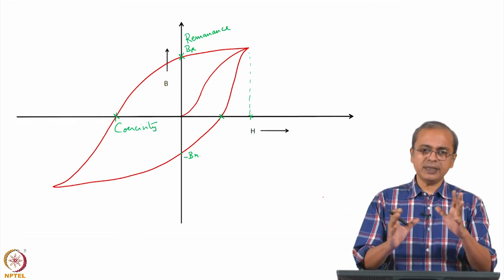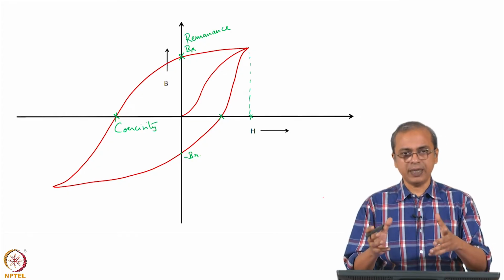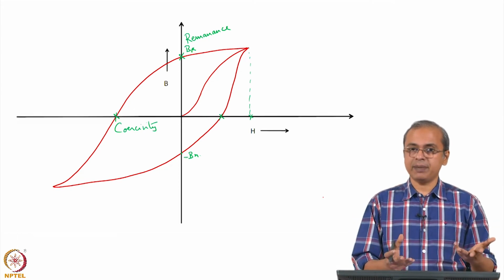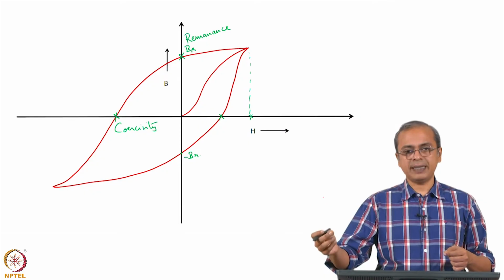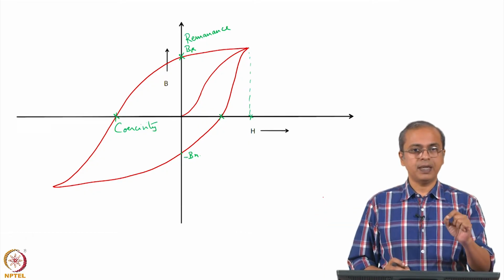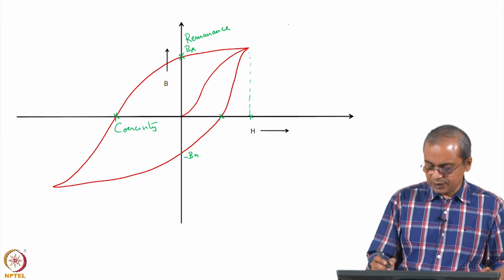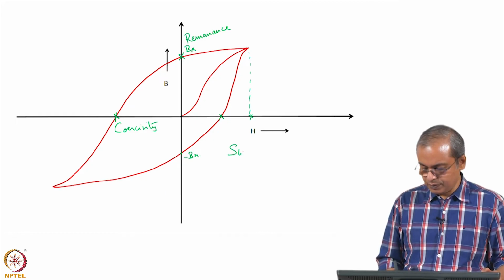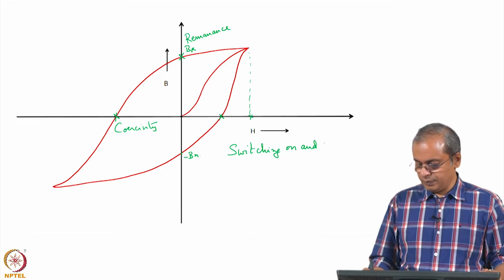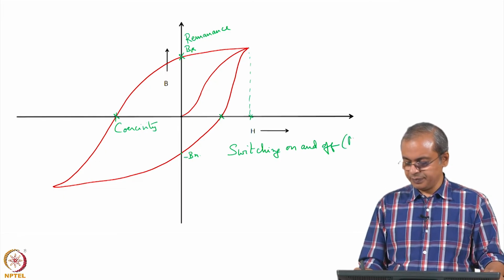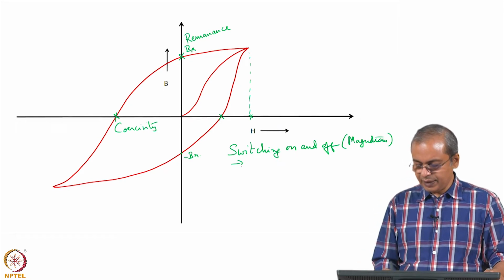So, from the perspective of utility, it is a little bit inconvenient. On the other hand, if you use a paramagnetic material, you switch on the magnetic field, you have magnetism, you switch off the magnetic field, it drops to 0. So, that aspect of switching on, switching off is very convenient with paramagnetism. So, if you are talking of switching on and switching off with respect to magnetism, this is convenient.